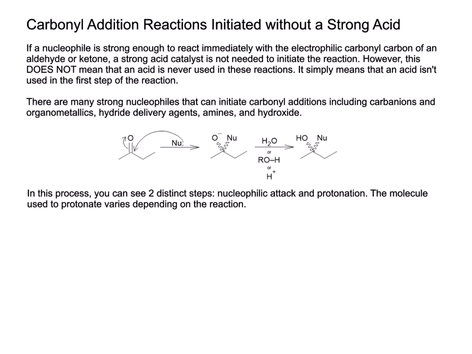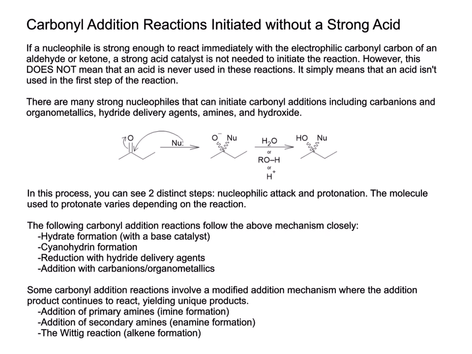This sends the double bond electrons up to the oxygen and puts the nucleophile on to that carbon. The second step is protonation, and the molecule that we use to protonate varies depending on the reaction. Sometimes it's water, it can be an alcohol, or it can be an acid source. So this mechanism, as you can see, is actually much simpler. It's only two steps, much simpler than the one where we use an acid to start the reaction.